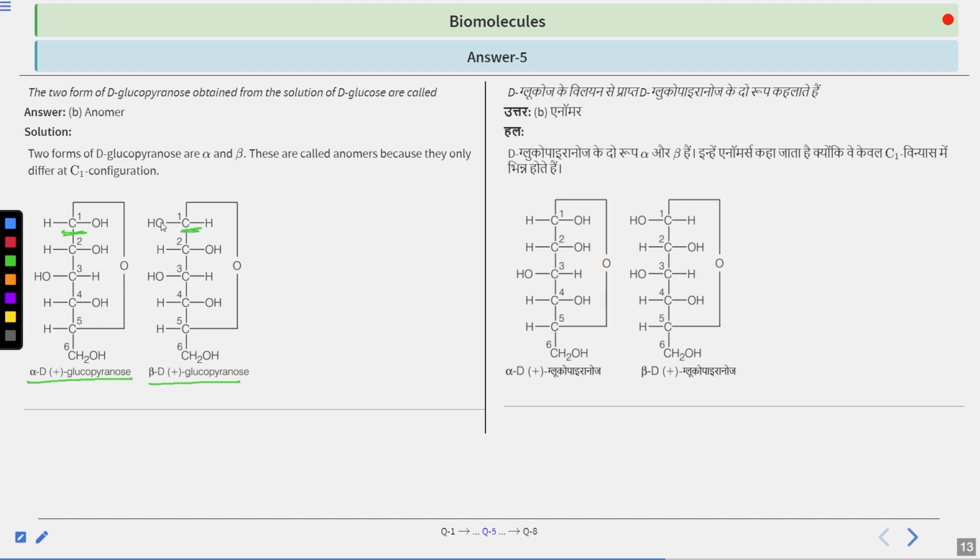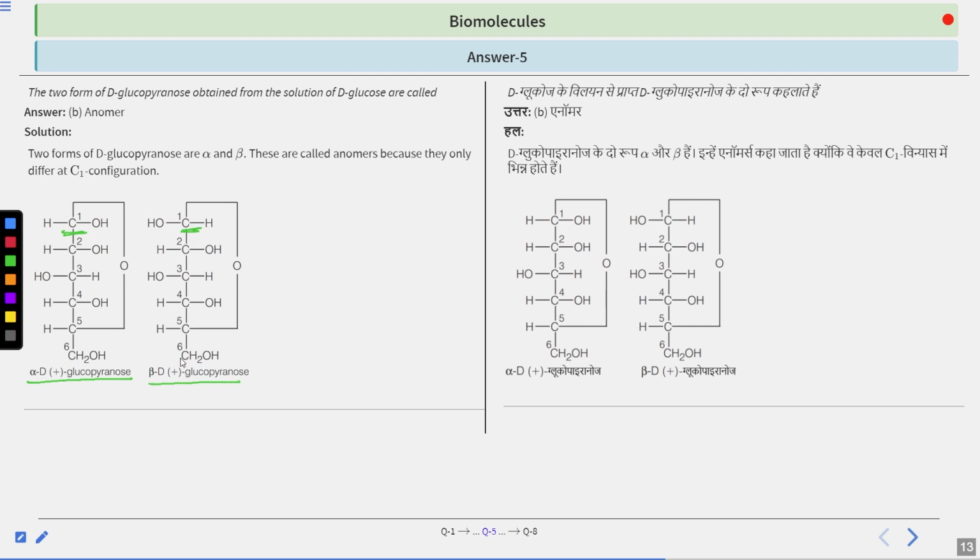The hydroxyl and hydrogen at the first position carbon have different configurations. The hydroxyl group is on the right side in alpha D-glucopyranose, while it is on the left side in beta D-glucopyranose at C1.